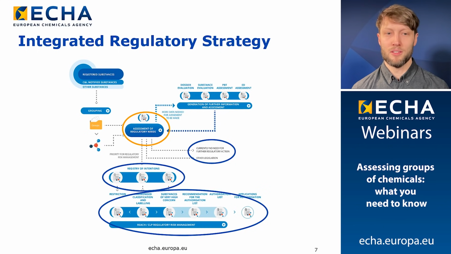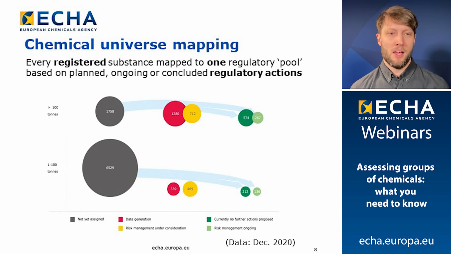It helps us to find substances that require regulatory action. It helps us to find those substances for which we need additional information. And we use the chemical universe to track our progress. And we use, for example, the annual integrated regulatory strategy report to present more details.